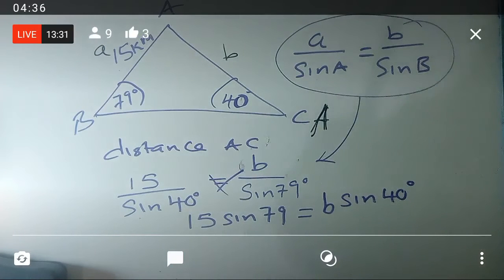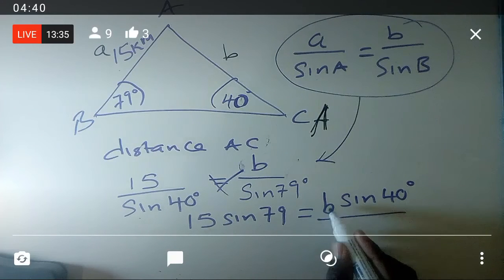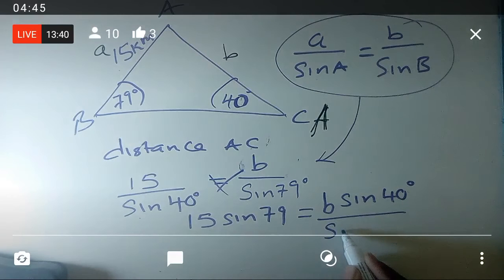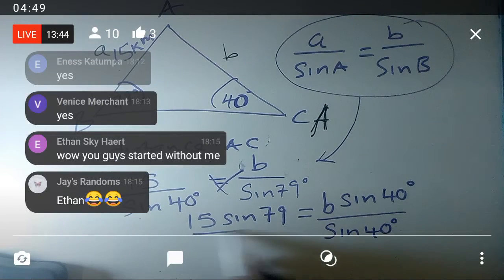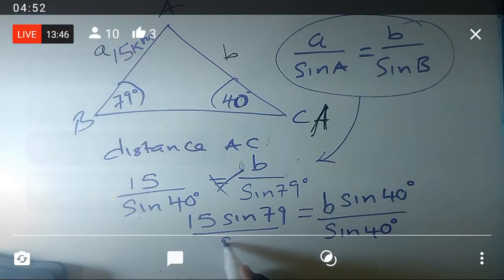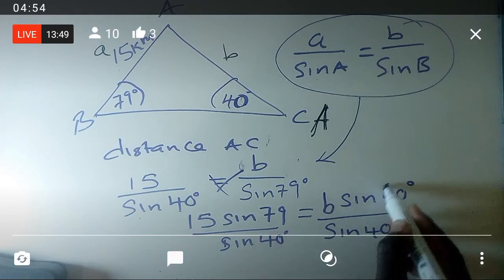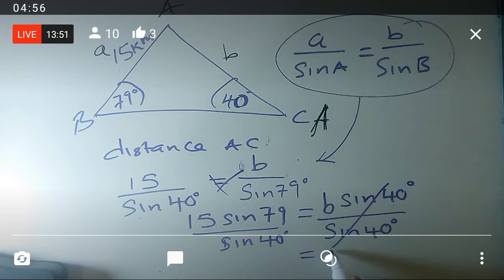Hopefully you are following. Since we are looking for b, we divide by sine 40 degrees on both sides. These will cancel, and we remain with b on this side, and here 15 multiplied by sine 79 over sine 40.